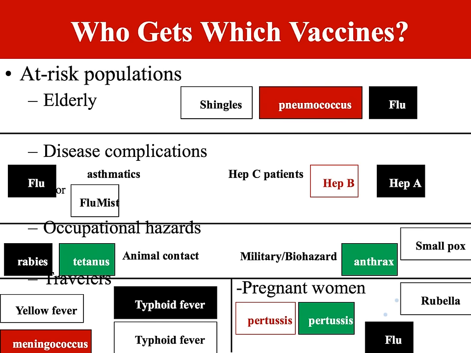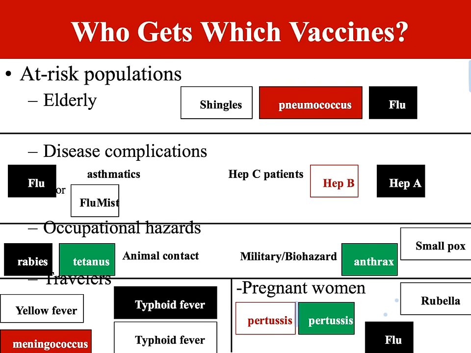The final one to bring up is pertussis. It's very important that women be immunized for pertussis late in pregnancy. The reason for this is that adults very often harbor Bordetella pertussis, or I shouldn't say very often, but it's not uncommon for adults to harbor Bordetella pertussis in their nasal cavity or their oral cavity, and it's not bothering them at all.